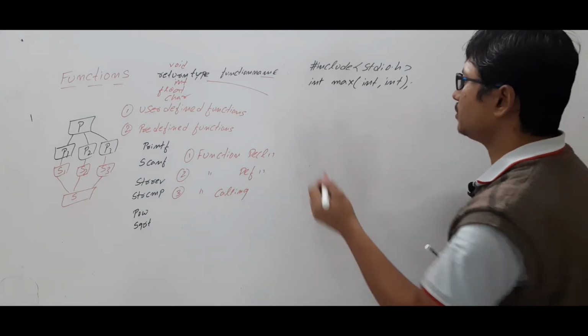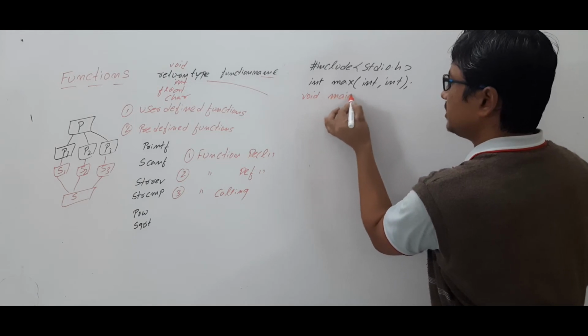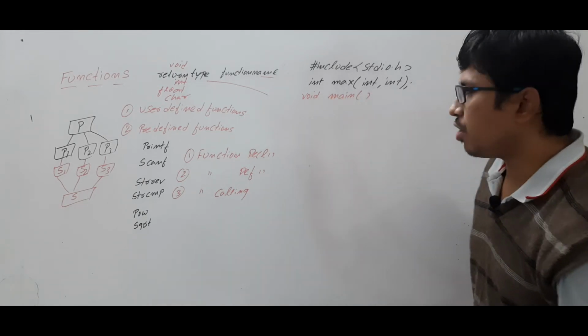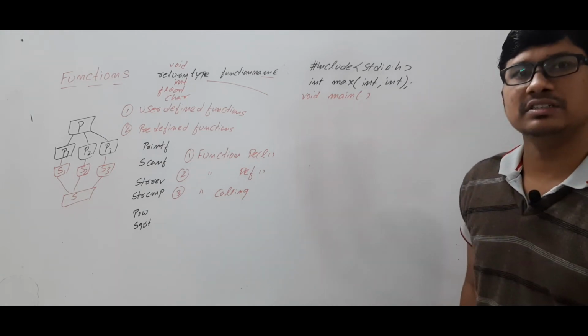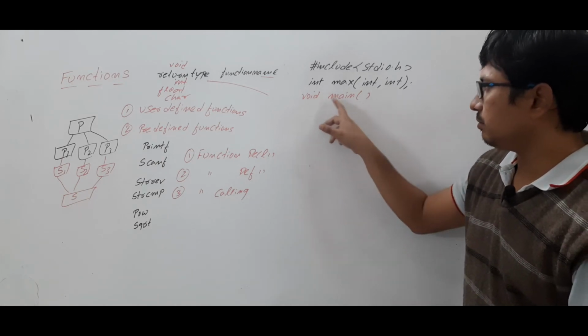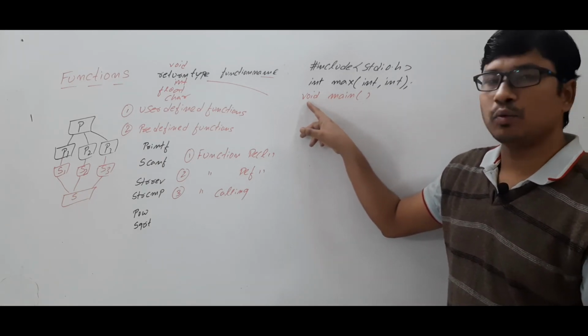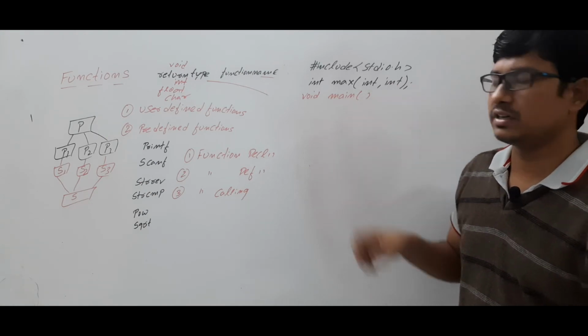Now you need to open the main function. So you are specifying the return type here as void, the name of the function is main, and the number of parameters here is 0. Now you can understand this one, correlate it. Here main is also a function, void is a keyword and the number of parameters is 0. Is it clear?